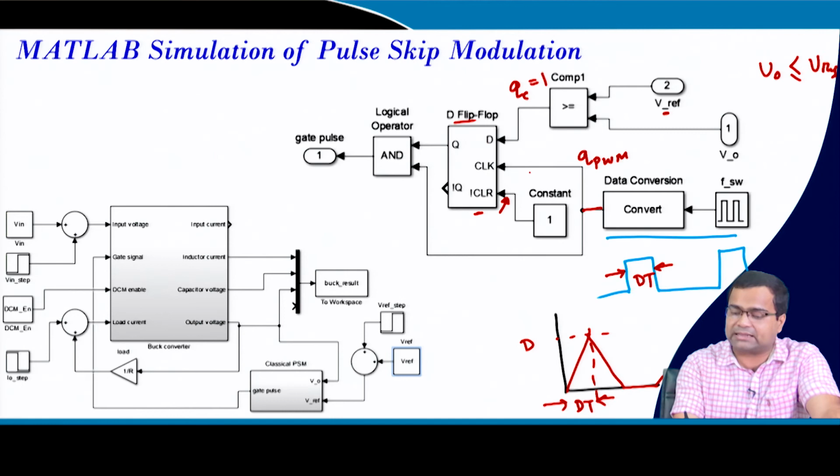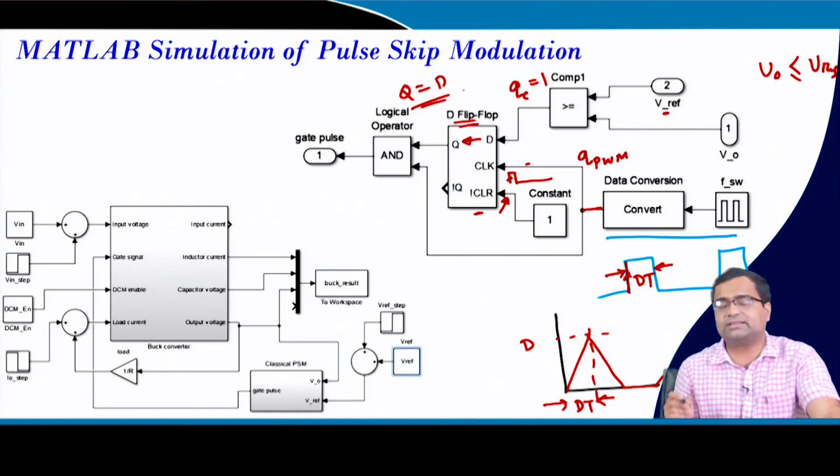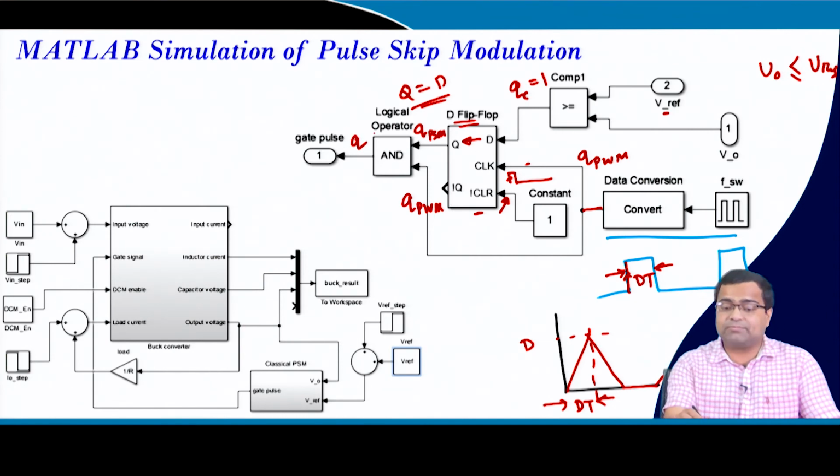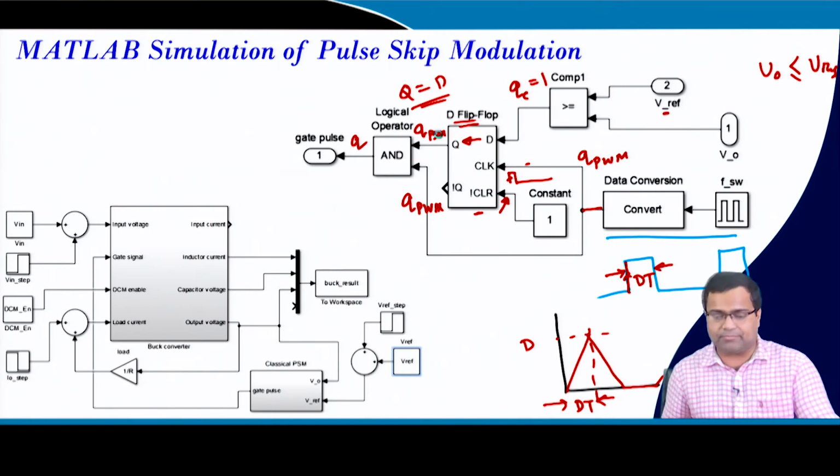If it goes high at the edge of this clock, because this is a flip flop that works on the clock edges, it will simply pass this. That means Q will store D when the edge comes, and we call this Q PSM. Then this is our Q PWM and this is my effective Q. If this PSM logic is 0, it simply skips the pulse, and if it is 1, it will simply pass the PWM pulse.